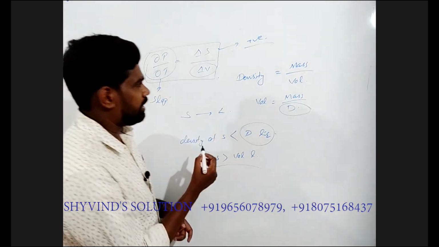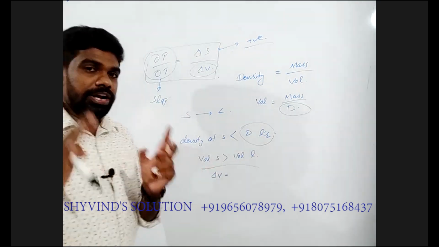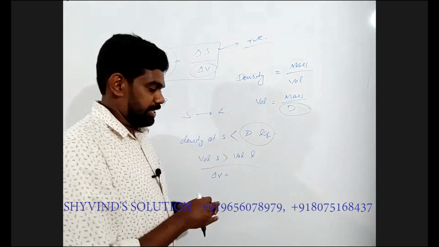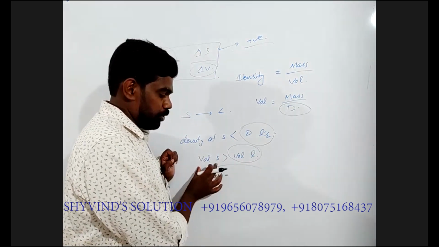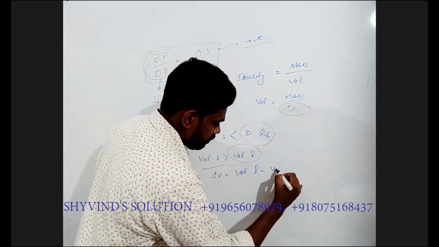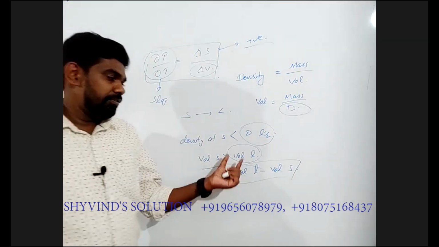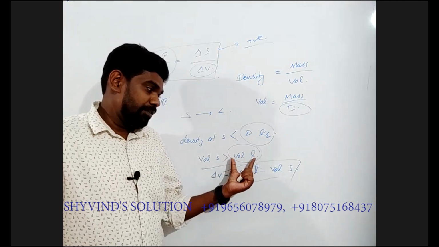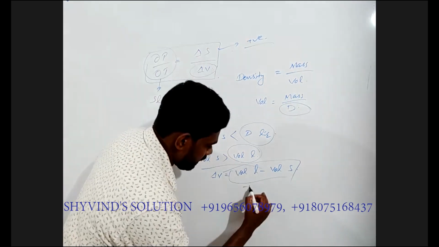So what is ΔV? ΔV is change in volume, final state minus initial state. So the final state has lesser volume, so volume of liquid minus volume of solid. We got the information that volume of liquid is less than that of volume of solid, so this value will be negative.